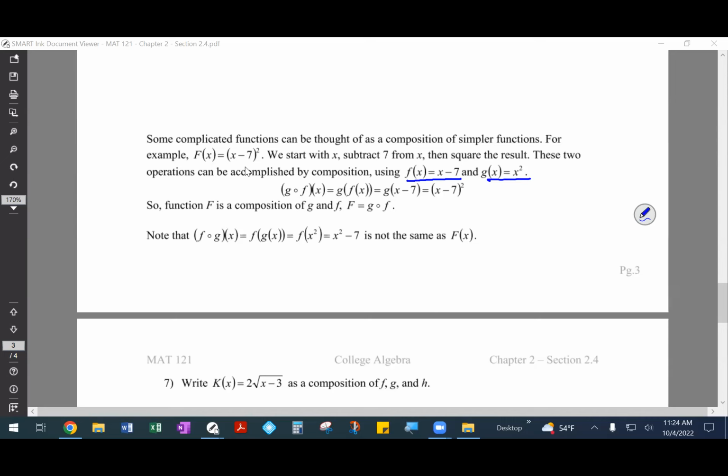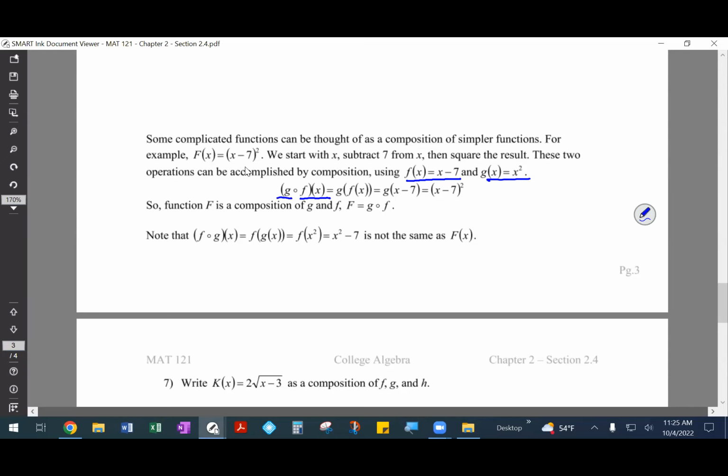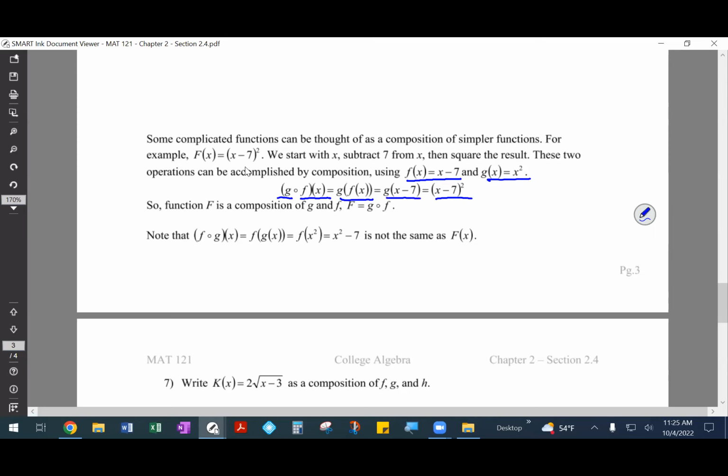So if we're defining f of x as x minus 7 and g of x as x squared, that means your f of x function has to go inside. So that would be the second function that you would write, and the function that's outside is the first one that we put in this notation for a composition of functions. So f goes on the inside, g on the outside, and this is how we would break it down.